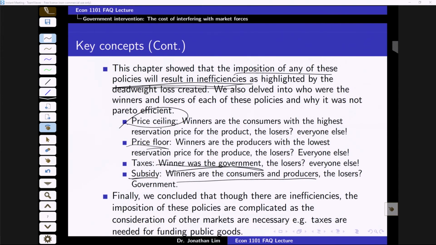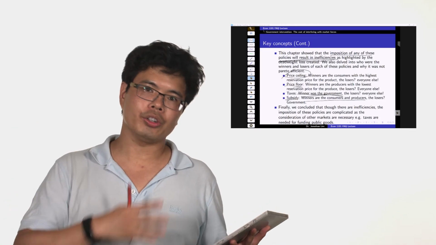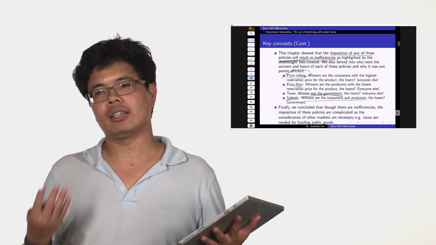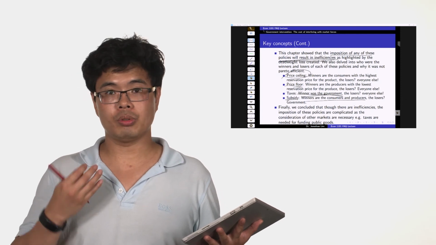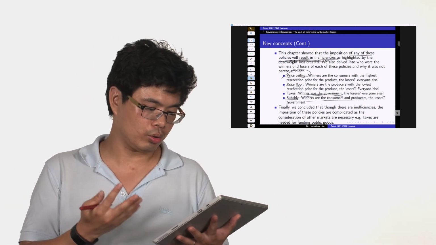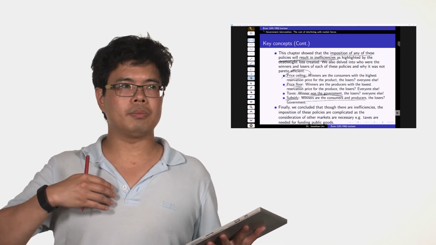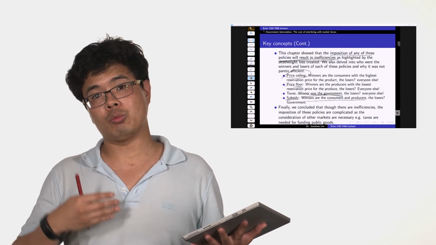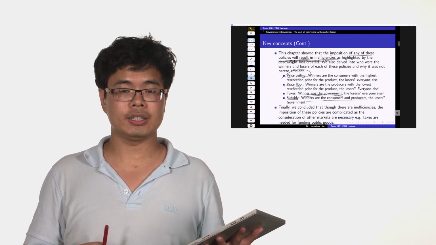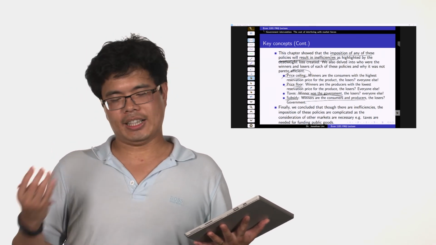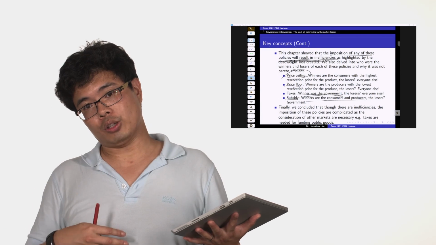But the point is, the overall impact is pretty much a net loss in almost all of these cases. But the more philosophical question of why we would want taxes or subsidies is more related to the later chapters where we talk about things like public goods.